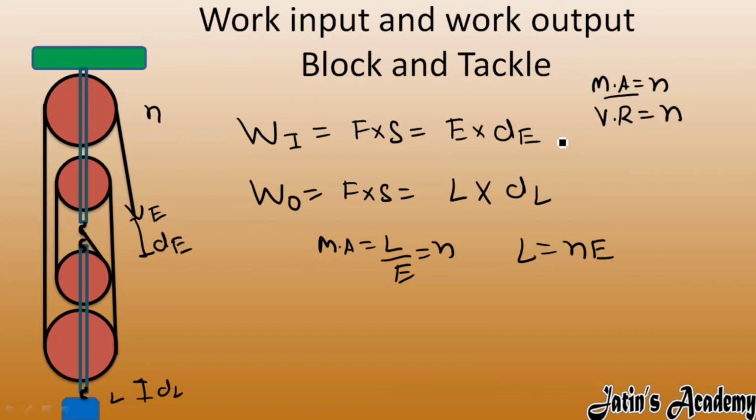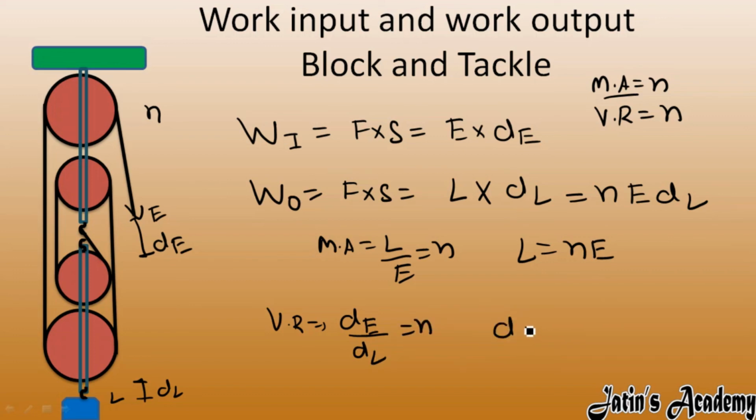Put the value of load here as n into effort into displacement of load. Next, the velocity ratio formula is displacement of effort over displacement of load, which is equal to n. So from here displacement of effort is n into displacement of load. Put the value of displacement of effort as n into displacement of load.